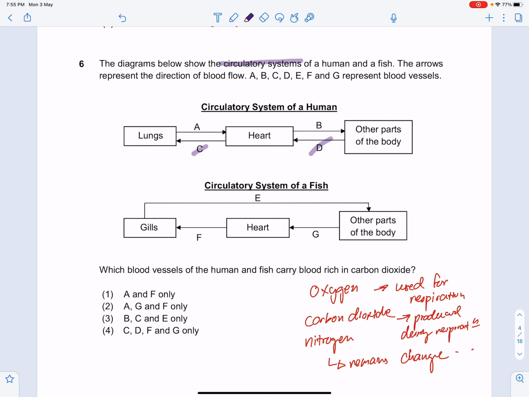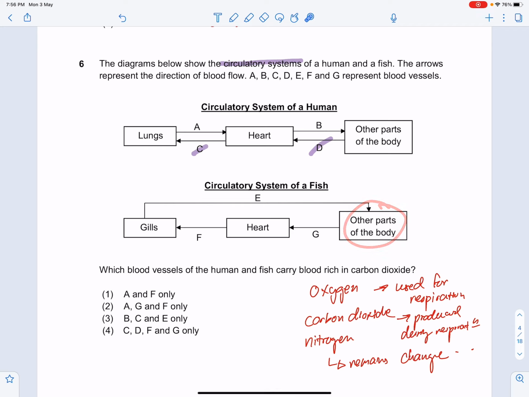Now let's take a look at this for a fish. For a fish, same thing: an organ that carries out a similar function to the lungs would be your gills. Any blood that comes right out of the gills would be rich in oxygen and poor in carbon dioxide, which is not what we're looking for in this question.